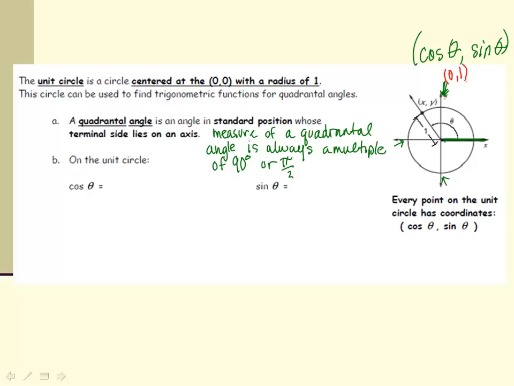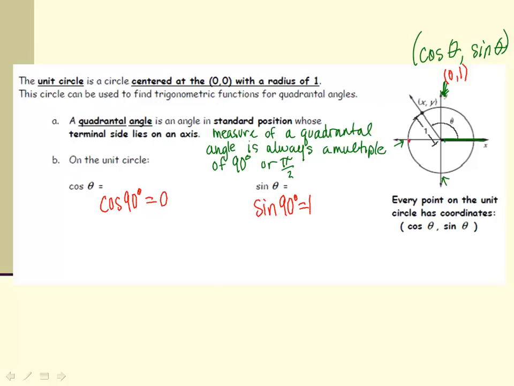That top point is 90 degrees. So the cosine of 90 degrees is 0, and the sine of 90 degrees is 1. Similarly, the cosine of pi over 2 is 0, and the sine of pi over 2 is 1.